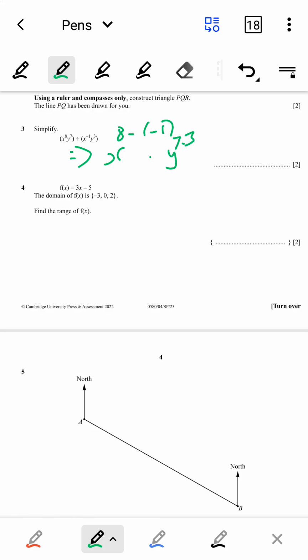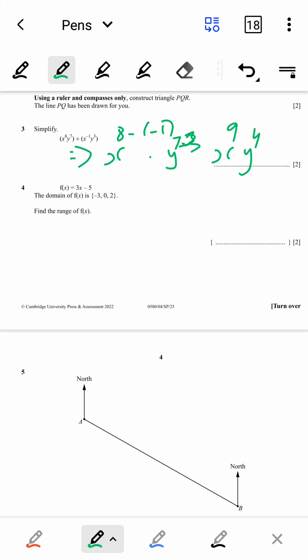Minus of minus is plus, so the result is x power 9 y power 4. So our answer is x power 9 y power 4. That's all, very simple.